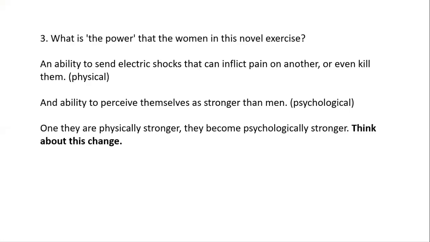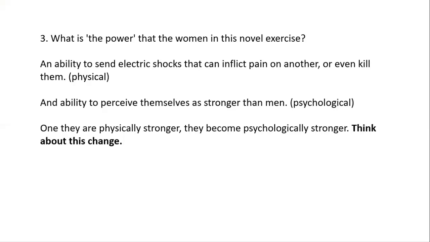I do apologize for the typo here, but once they are physically stronger, they become psychologically stronger. So I need you to think very carefully about this important change. They're only able to see themselves as stronger once they have physical proof, once they see that their bodies are physically stronger than men.